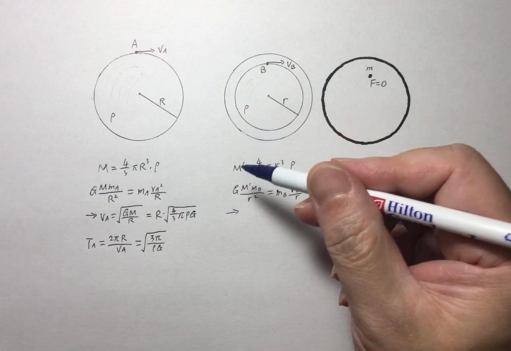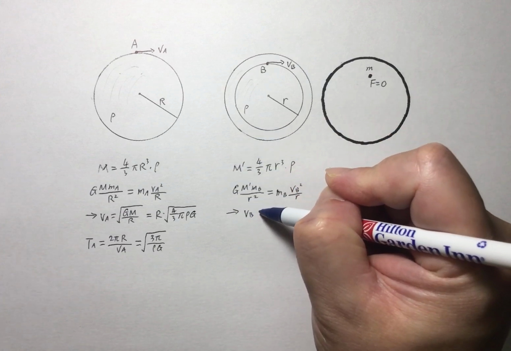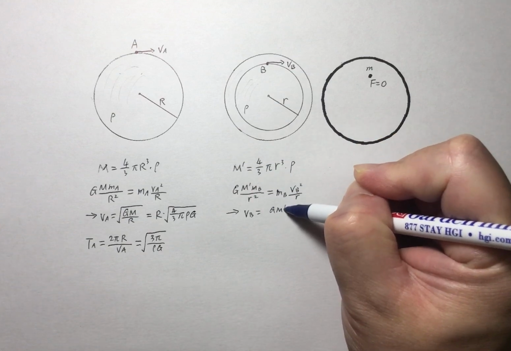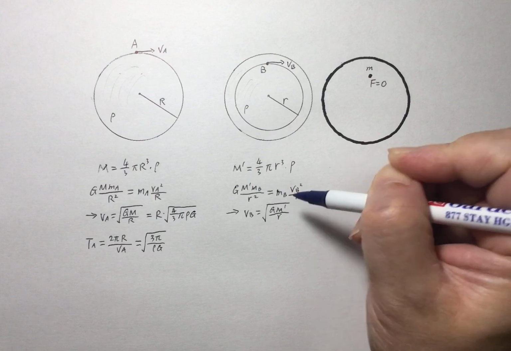So we can get Vb is the square root of G M prime over r.